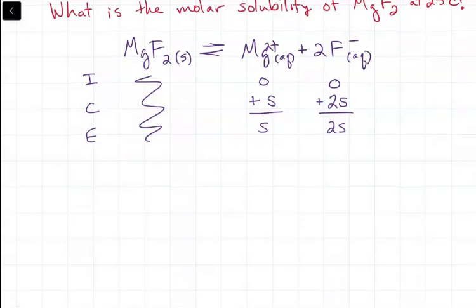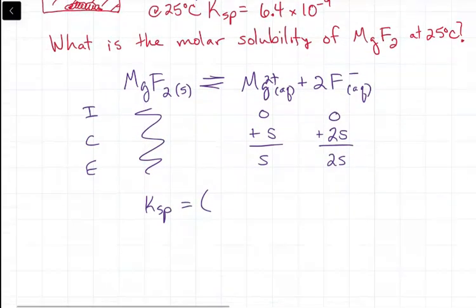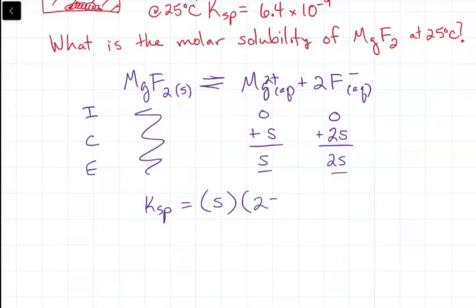So Ksp equals, and then if I think about my expression that I wrote earlier, it's just going to be S times, and then our 2S still has to be squared, right? Because that's what the expression says.